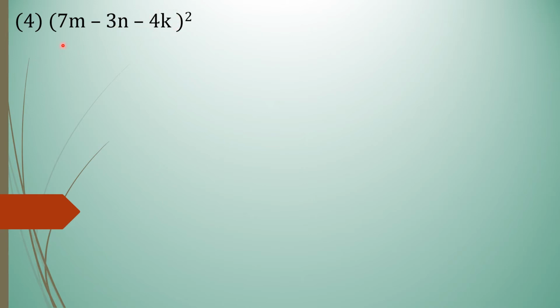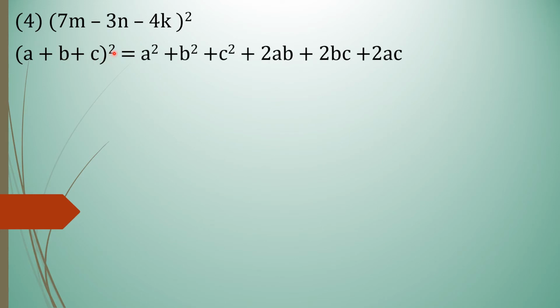So by using the formula (A plus B plus C) the whole square equals A square plus B square plus C square plus 2AB plus 2BC plus 2AC, we'll further solve. So your A is equal to 7m, B is equal to minus 3n. See, you have to consider the negative sign here. So B is equal to minus 3n and C is equal to minus 4k.